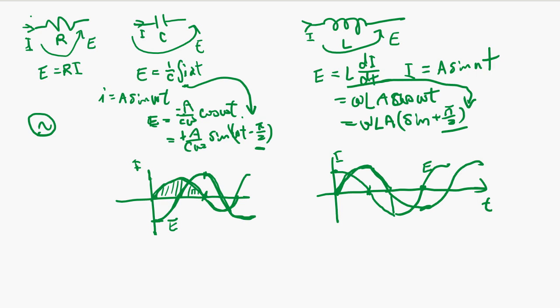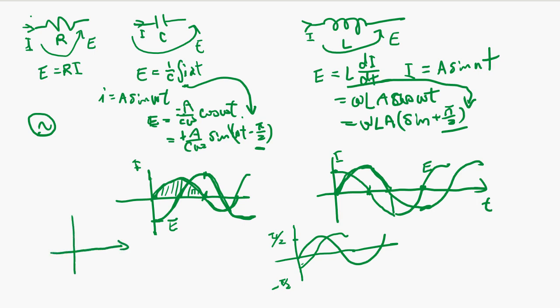When you have a phase shift, not exactly pi over 2 or negative pi over 2, somewhere between, we use complex numbers.